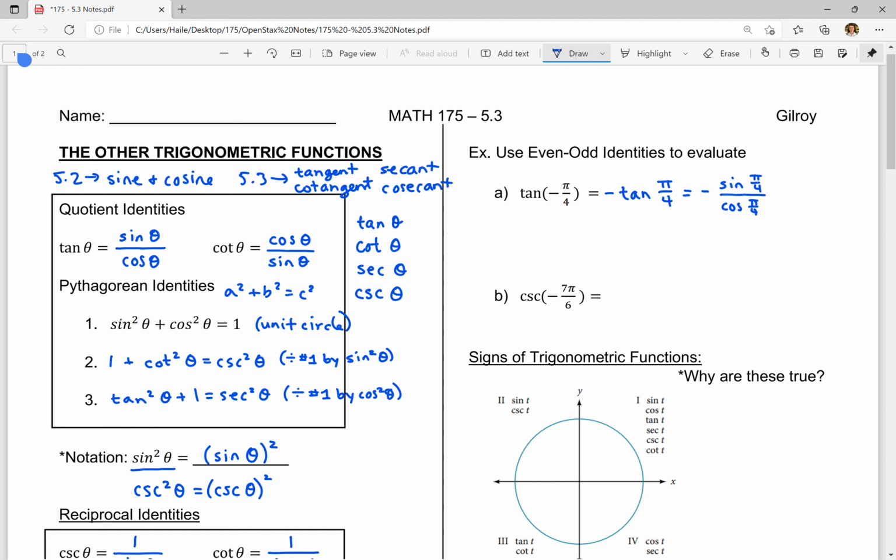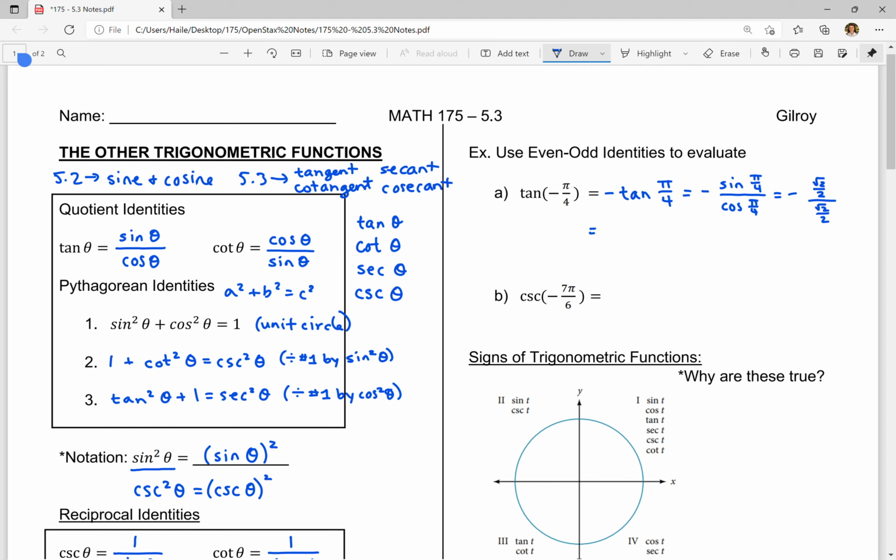Okay, and now that we have tangent back into sine and cosine, we can use values from the unit circle that we learned in 5.2. So hopefully you've been studying those. So the sine of pi over 4 is square root of 2 over 2. And the cosine of pi over 4 is also square root of 2 over 2. So when we divide a number by itself, that's just going to give us 1.